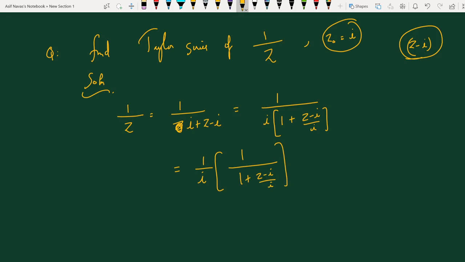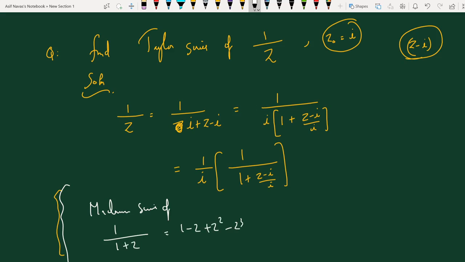So this is of the form, we know that the Maclaurin series of 1 by 1 plus z is 1 minus z plus z square minus z cube plus etc. This is valid when mod z less than 1.